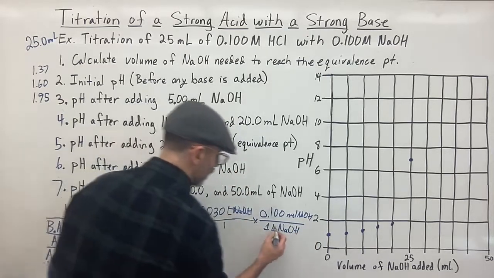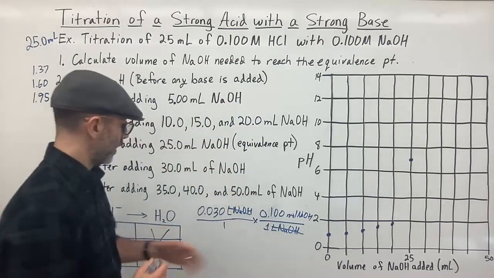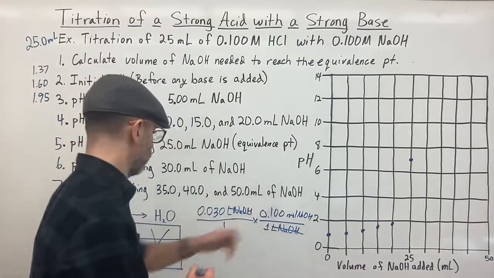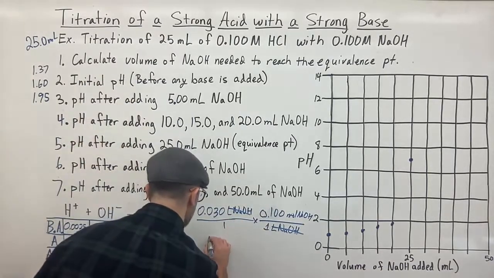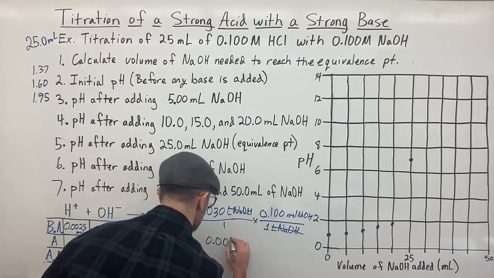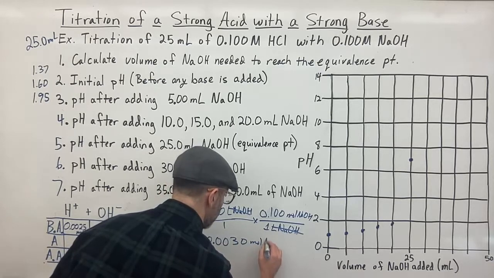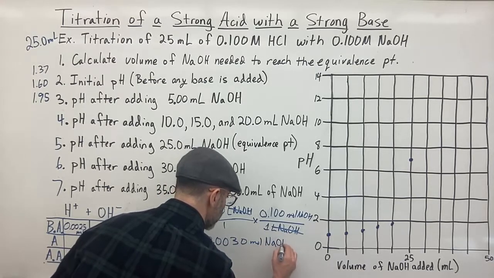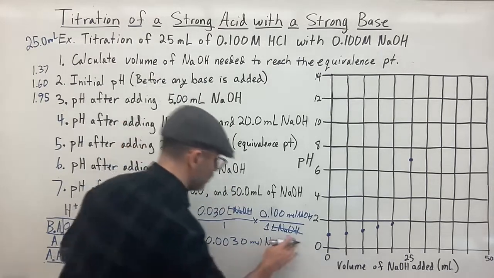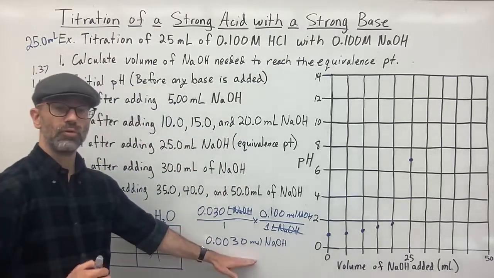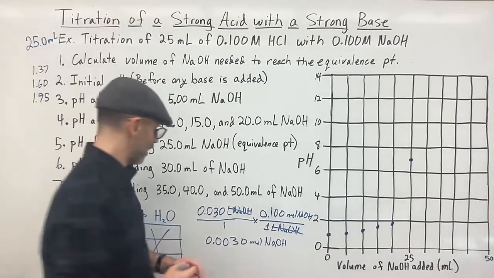So liters cancels out, and this is the number of moles. We can calculate 0.1 times 0.03, which is 0.0030 moles of NaOH. So this is the number of moles of our NaOH that is added.